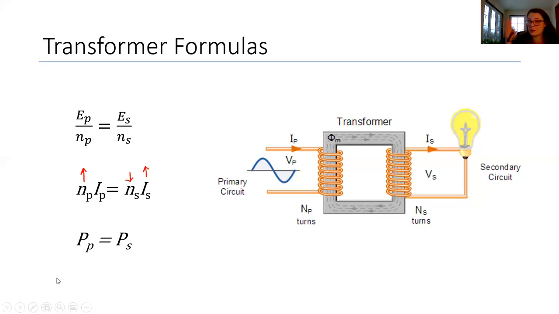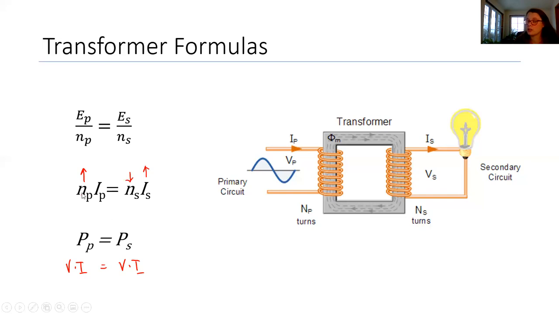You always have this kind of opposite relationship between voltage and current, and that's because the power from the primary is always equal to the power of the secondary, and power is voltage times current, or E times I. So if voltage goes up, current goes down, and they're inversely related.